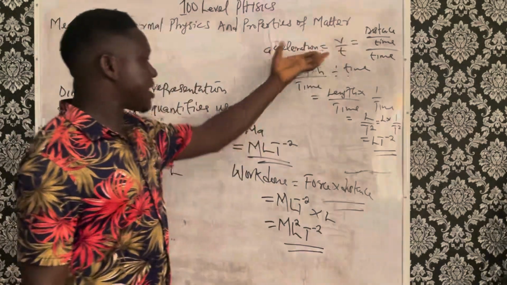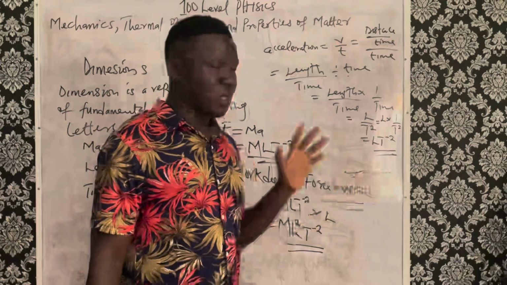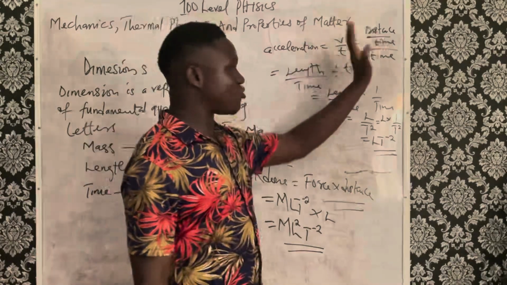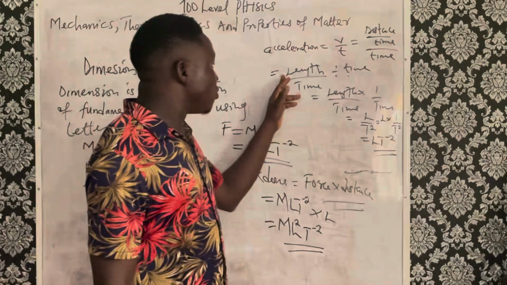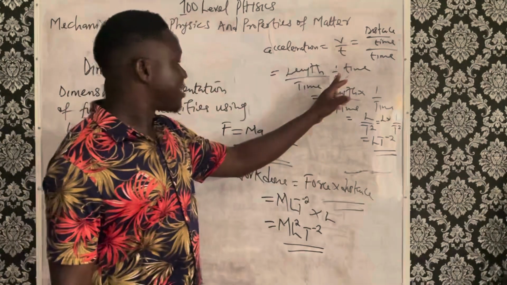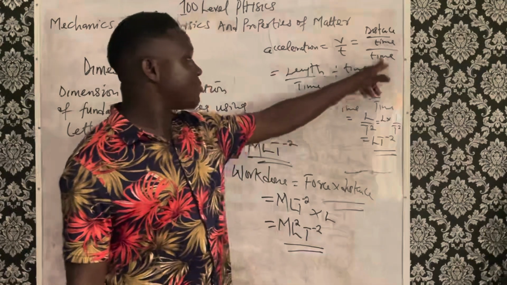Acceleration is velocity over time. Velocity itself is distance over time, and we know that distance is also length. That's why we used length here, divided by time, divided by this time at the bottom here.